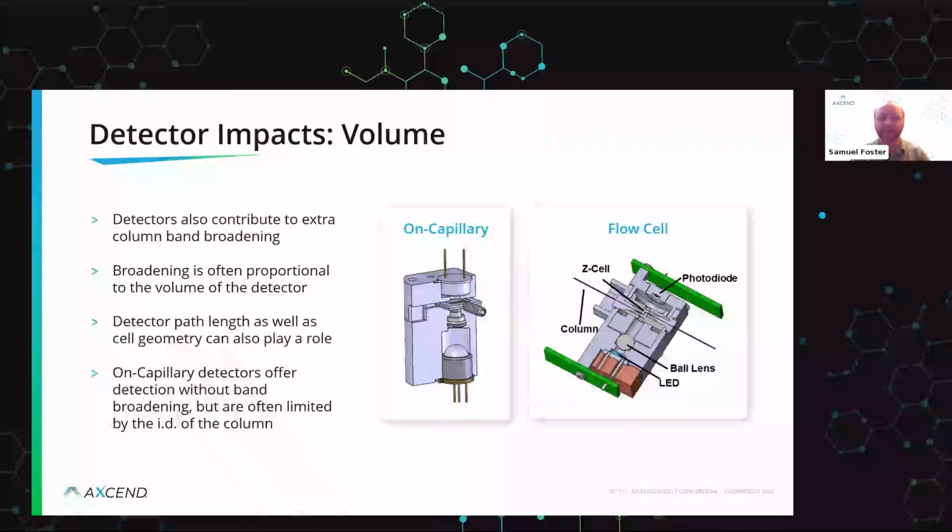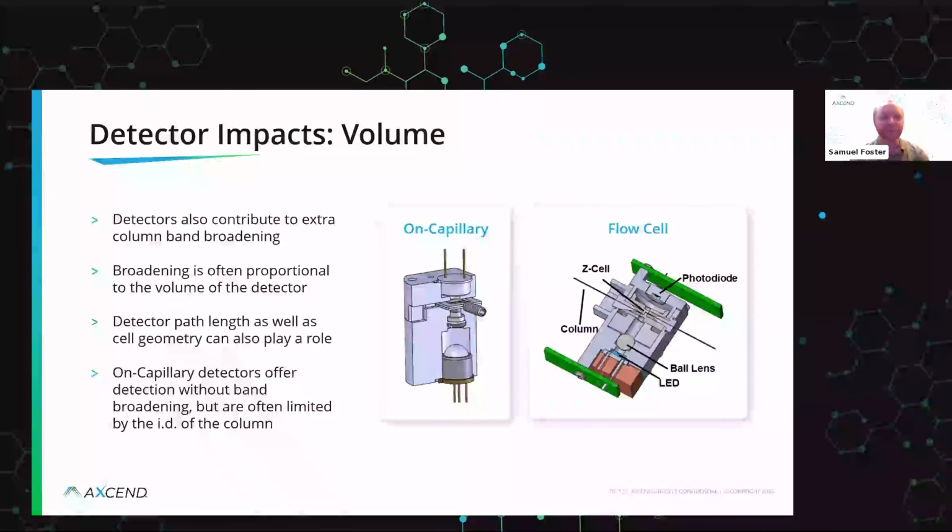So for on capillary detectors, you would actually slide the detector across the outside of the column so that at the exact outlet of the column, you're able to detect and shine that light straight through the capillary and collect it on the other end. Now, the limitation with these is that you are limited to the path length of that tubing, and you want to ensure that that tubing's inner diameter is as low as possible.